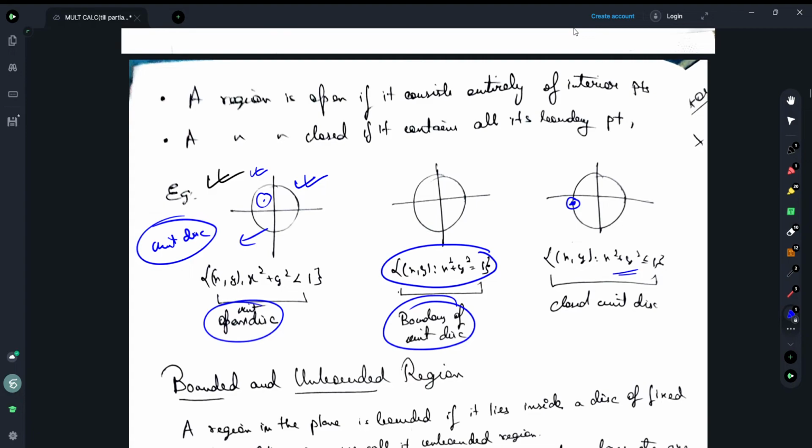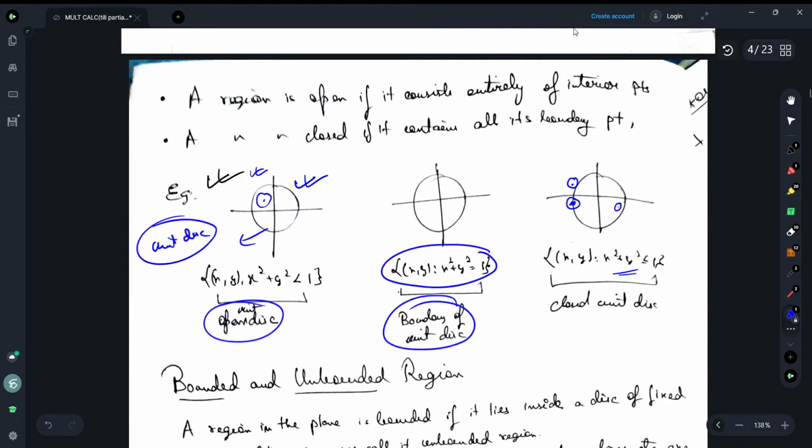Those can only be the boundary points because if you take a point even slightly outside the circle, you can always form a small disk which lies entirely outside the region. Or if you take a point inside the circle but very close to the boundary, then also you can form a very small disk which lies completely inside the region.